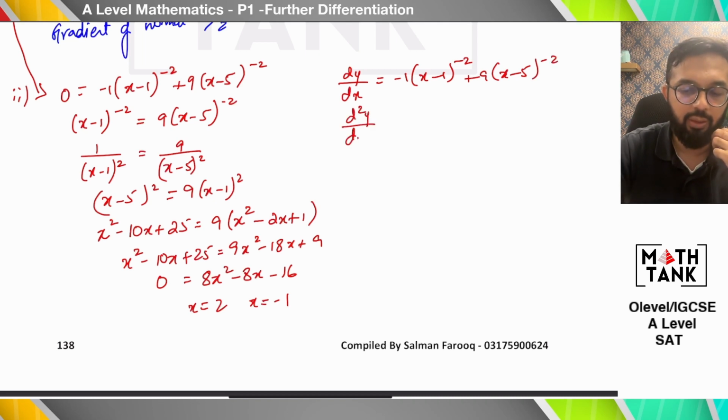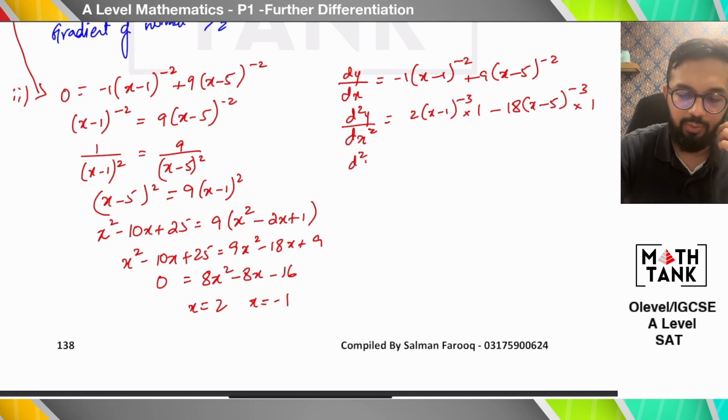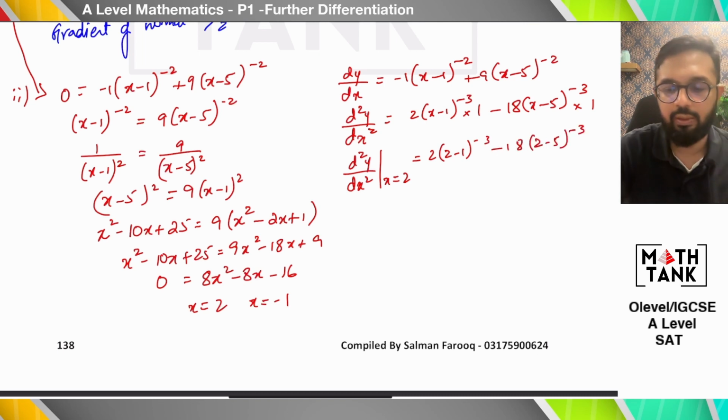d squared y over dx squared equals 2(x minus 1) to the power minus 3 into 1, minus 18(x minus 5) to the power minus 3 into 1. So d squared y over dx squared at x equals 2 first: (2 minus 1) to the power minus 3 minus 18(2 minus 5) to the power minus 3.